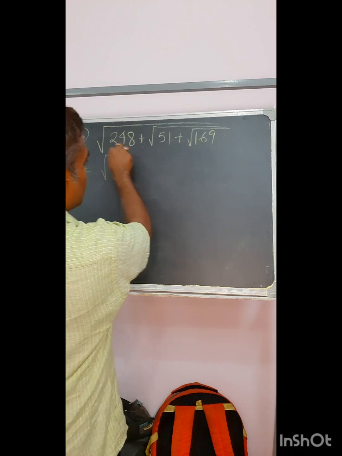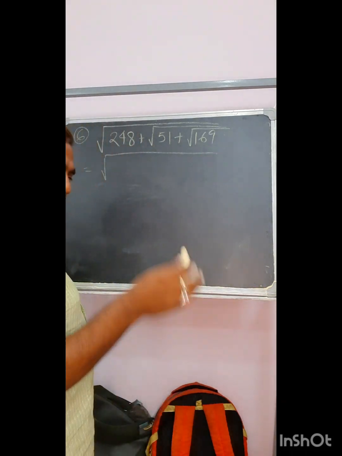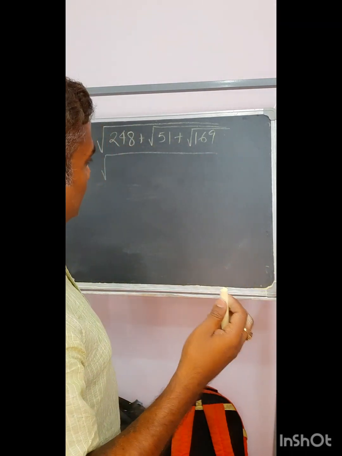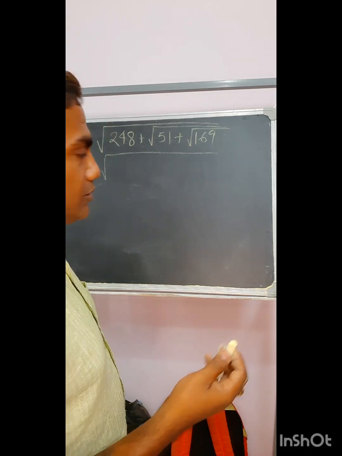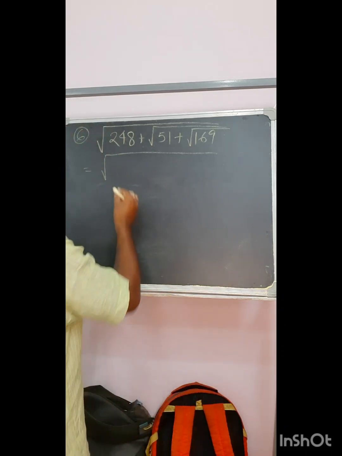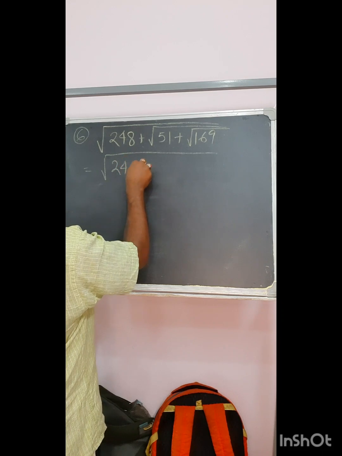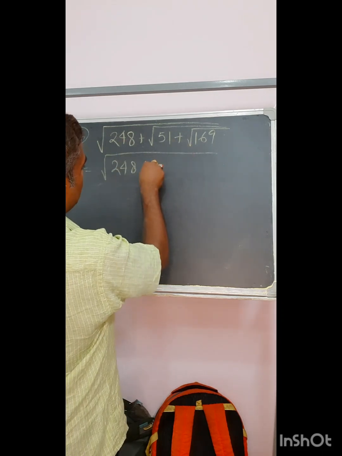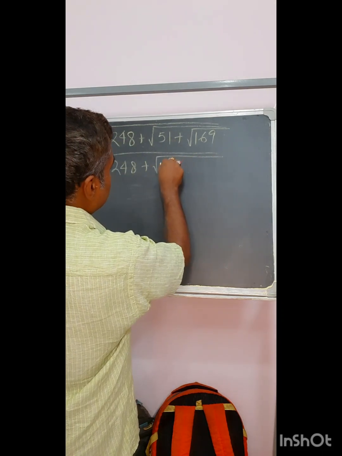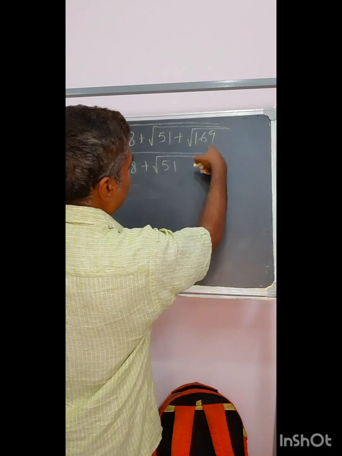So this is something like solving from the inside out. I cannot do all the operations together, so I will write everything as it is. You only have to focus on the first surd.